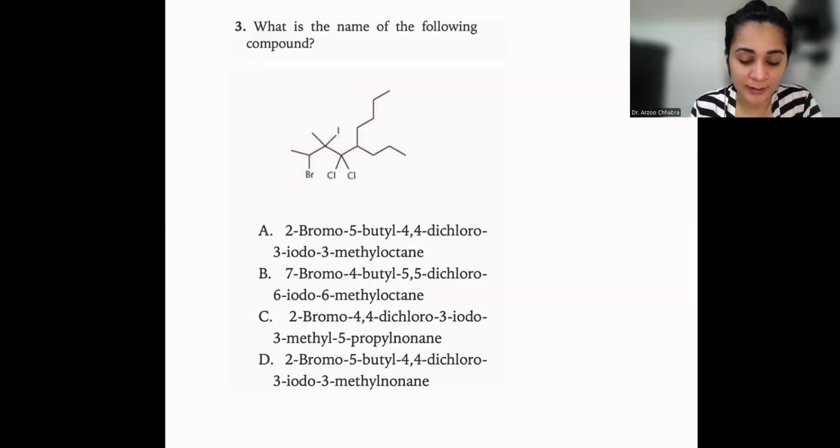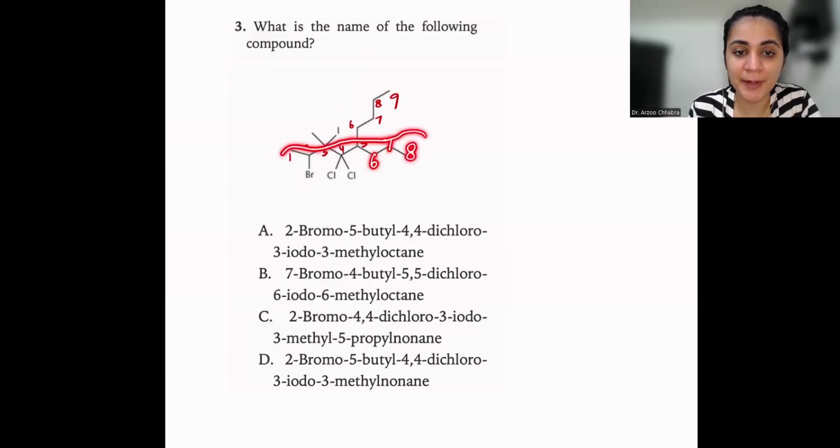And that is why I'm going to choose numbering starting from here: 1, 2, 3, 4, 5, 6, 7, 8, 9. And if I had gone here, I would have gotten 6, 7 and 8. If this was my parent chain, I get 8 carbons in the parent chain.